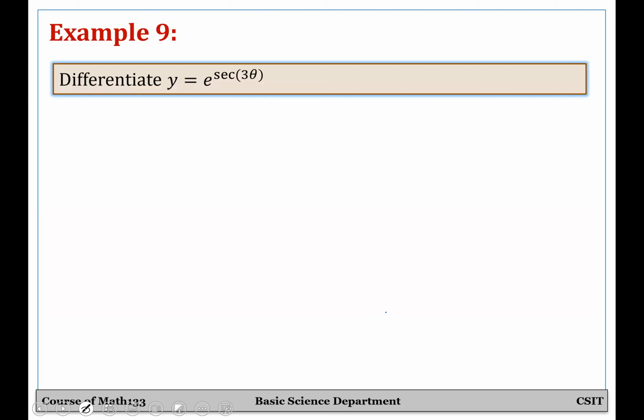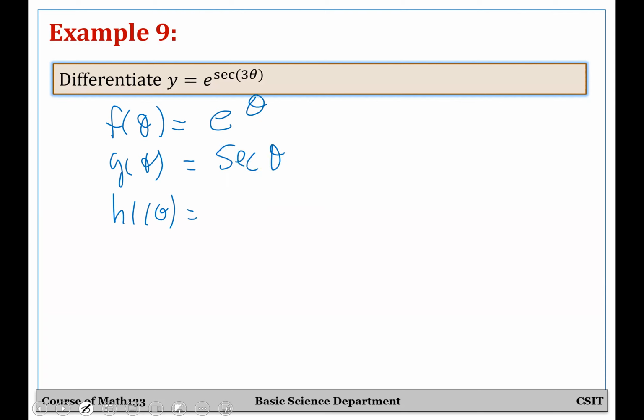Okay, another example here. I will choose f of theta, g of theta, and h of theta. So this is e to the theta, secant theta, and 3 theta. See the composition of the three functions, and I will compute the derivative.